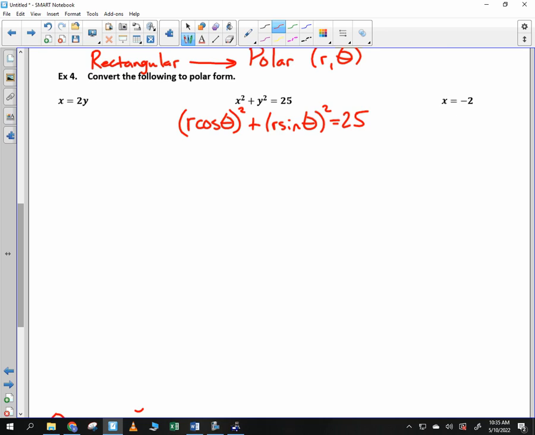Okay, so I'm going to square both of these. I get r squared times cosine squared of theta plus r squared times sine squared of theta is equal to 25. Get to square each piece. Anybody see something I can do to solve for r here?